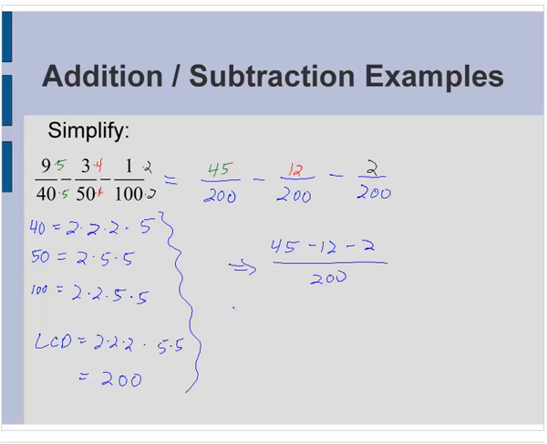And in order from left to right, 45 minus 12 is 33. 33 minus 2 is 31. 31 over 200. And 31 is prime, and 200 is not divisible by 31, so that is simplified.